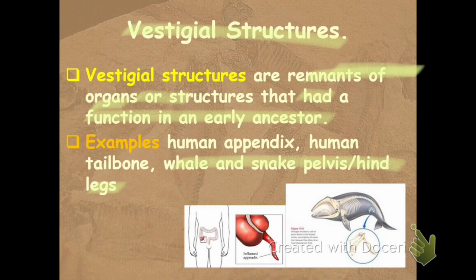We learned last unit that you get your traits, your genes, passed down from your parents. So the trait for hind legs was given to these whales, and over time that was something that wasn't needed anymore. They survived better underwater, so that gene eventually got cut off, and now they stay underwater.